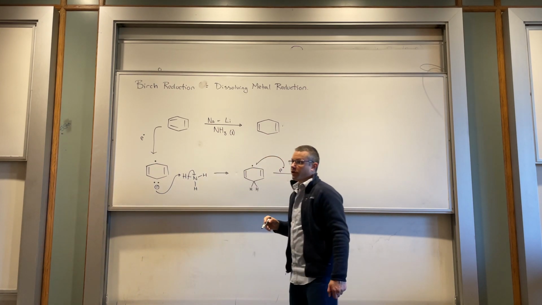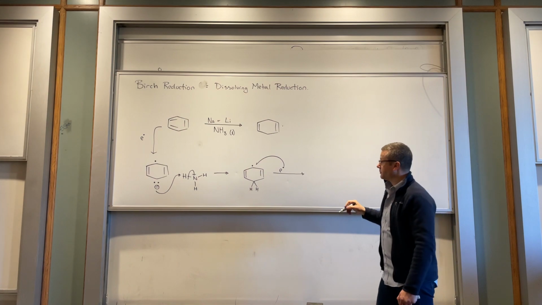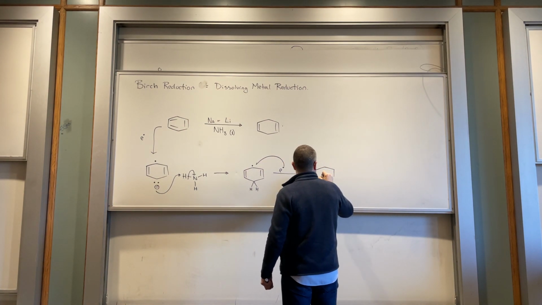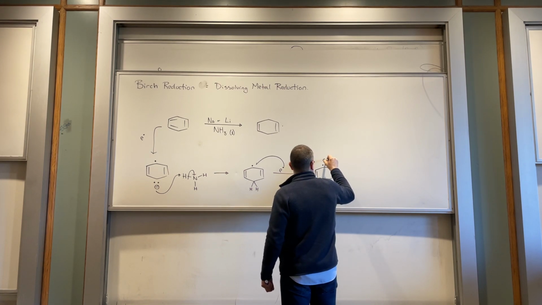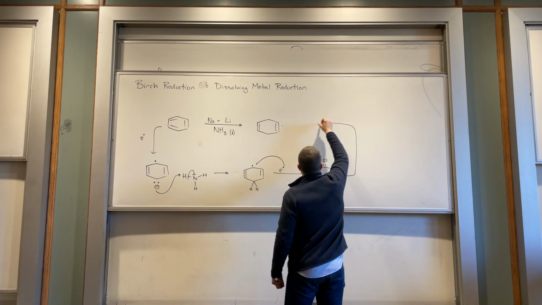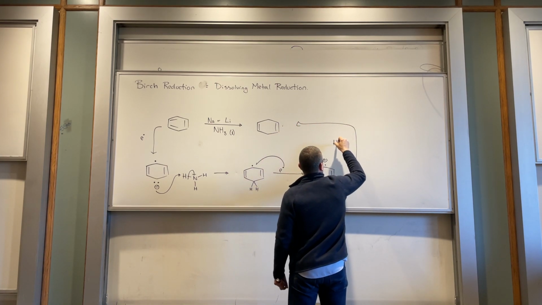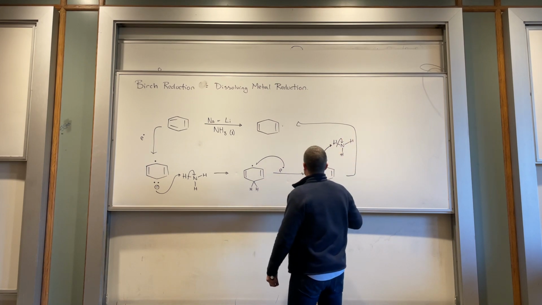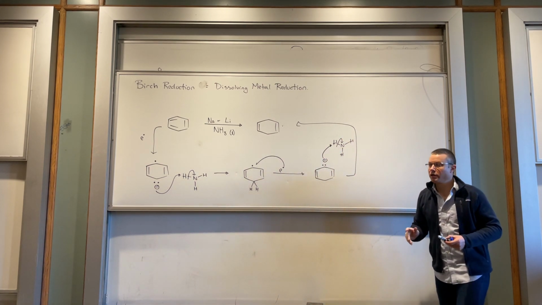Lithium or sodium will donate another electron to the radical center, making another anionic center. That anionic center will deprotonate another molecule of ammonia to get to the reduced product.